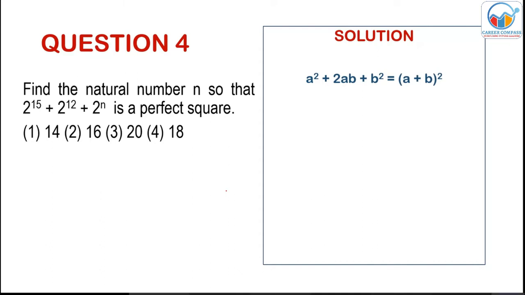So when it has to take the form a square, then the power has to be even. So then in that sense, 2 to the power 12 will become one such part which will look like a square. Now definitely 2 to the power 15 cannot be b square because 15 is an odd number. So 2 to the power 15 will be the part of 2ab.